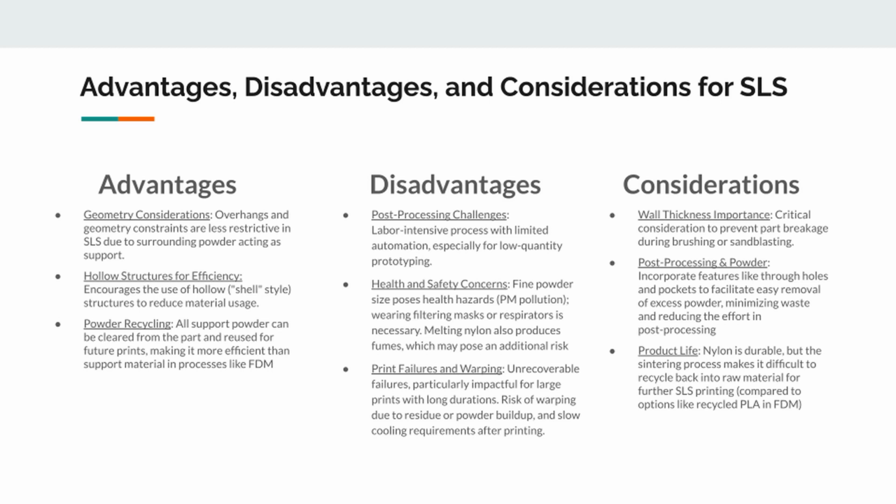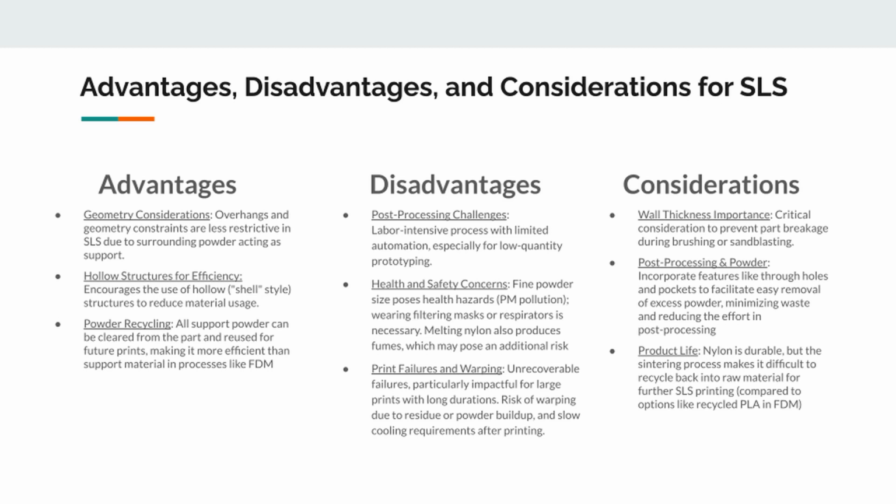It encourages the use of hollow shell-style structures to reduce the material usage. This reduced material usage adds into the powder recycling, which is the fact that because there's powder that gets used when you make stuff, it also is powder that doesn't get used, and you can reuse that powder in future prints. There's also some disadvantages to SLS.